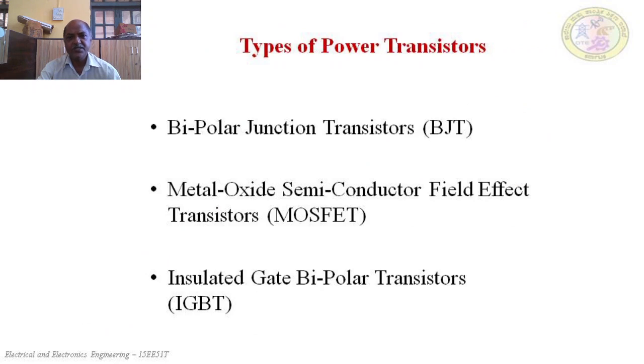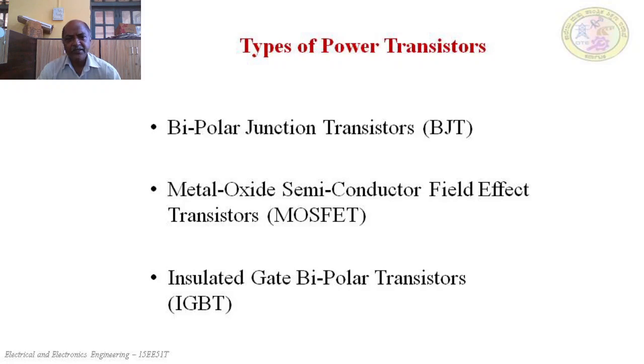Now we shall discuss the types of transistors. One is the bipolar junction transistor or BJT, the second is the metal oxide semiconductor field effect transistor, that is MOSFET, and the insulated gate bipolar transistor, that is IGBT. In a bipolar junction transistor, the current conduction is due to the flow of two types of carriers, electrons and holes, hence bipolar.